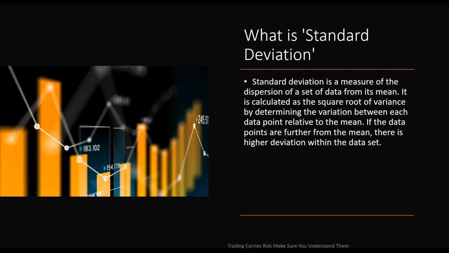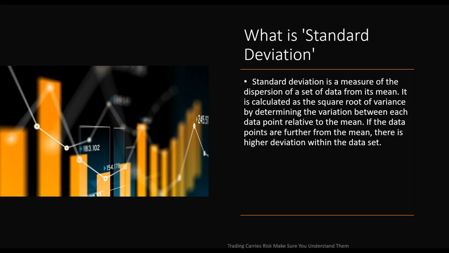So the calculation of standard deviation is the measure of dispersion of a set of data from its mean. It is calculated by the square root of the variance, by determining the variation between each data point relative to the mean.